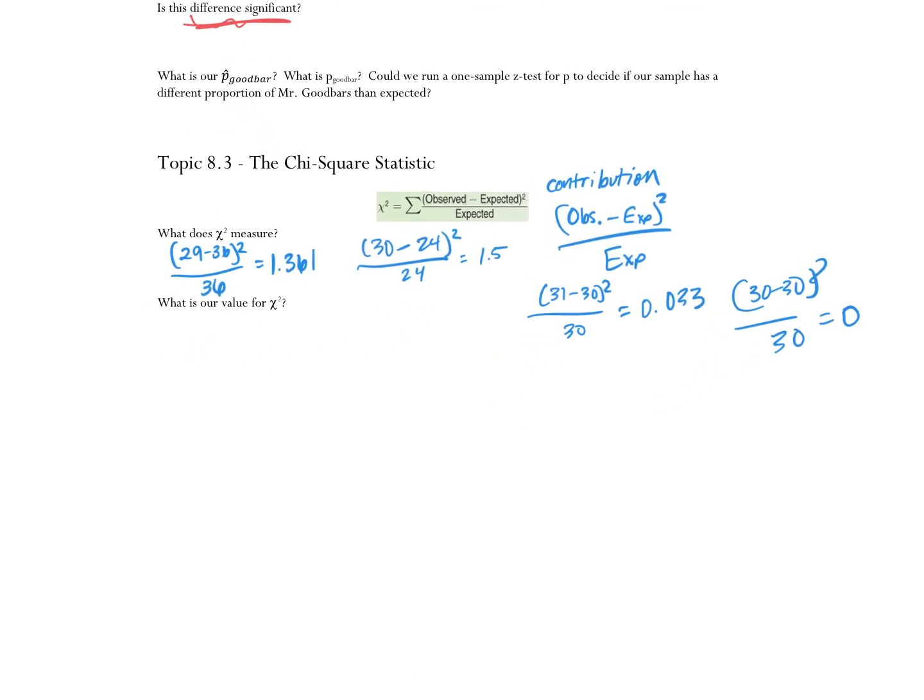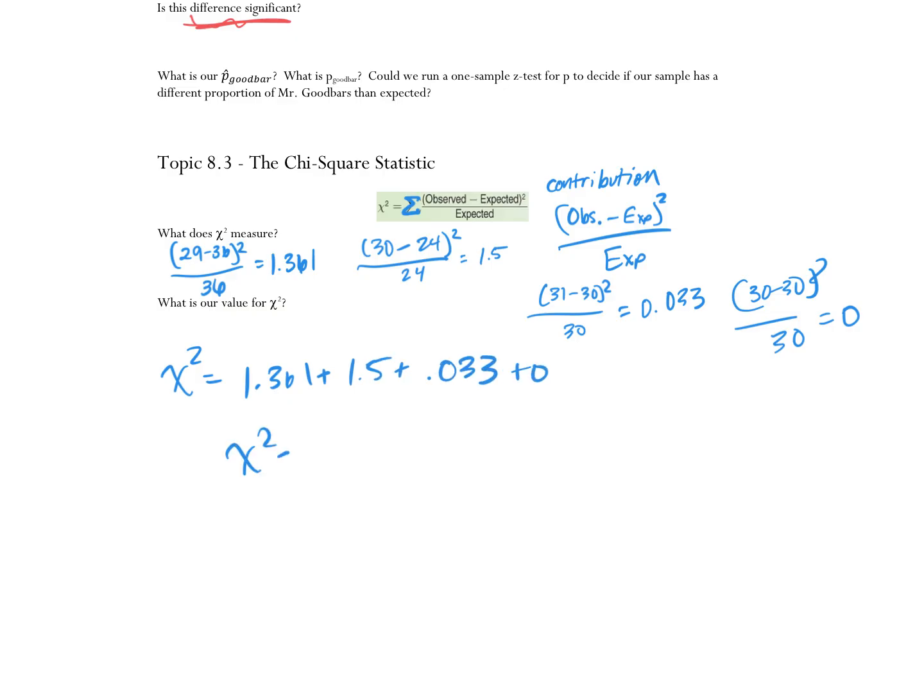Okay. And each of these is what we call a contribution. And then the value for chi-squared is the summation. Remember that sigma means add, okay? And so chi-squared is going to equal 1.361 plus 1.5 plus 0.033 plus 0.